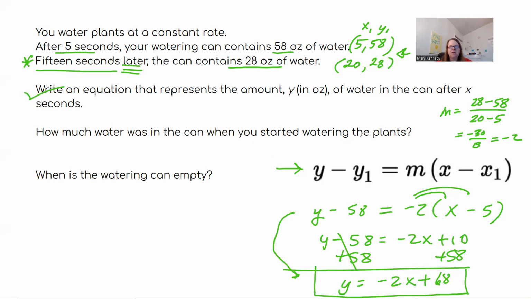How much water was in the can when you started watering the plants? Well, I think we can see that pretty easily if we look at the slope intercept form, because think about when you started watering the plants, think about the time that's passed. There's no time that's passed, right? We haven't even started watering the plants. The watering can has as much as it has when we start, right?